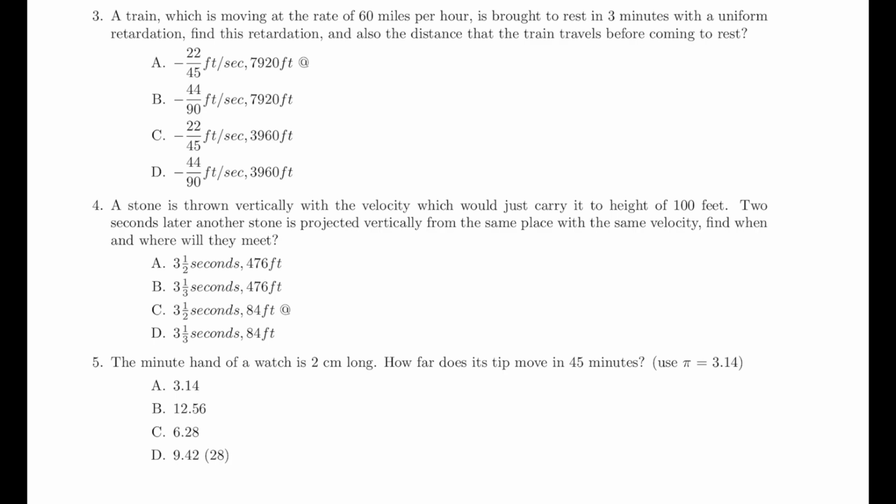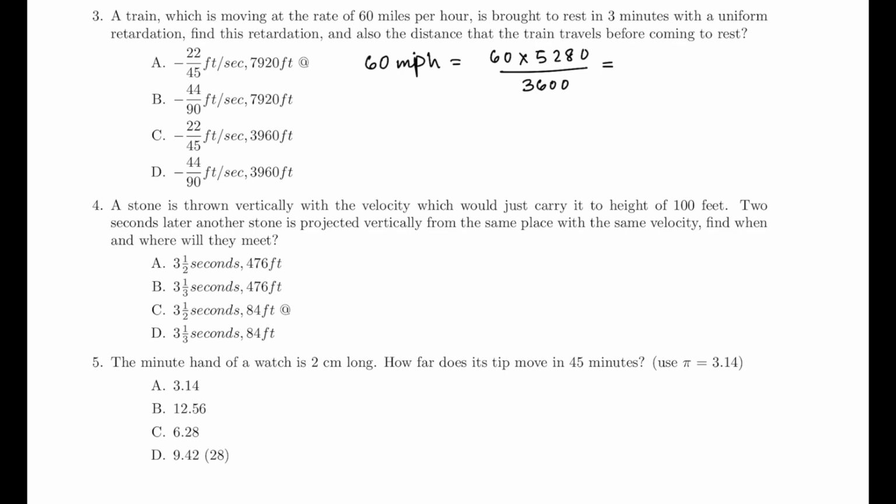So the trick here is that you need to convert this 60 miles per hour to feet per second. So 60 into 5280, which means 5280 is the number of feet that makes 1 mile, divided by 3600, and that would be your initial velocity.